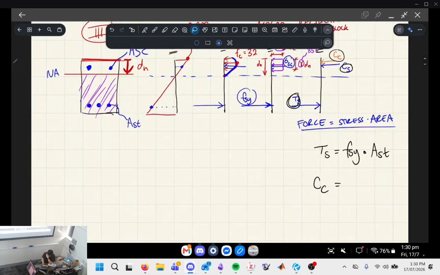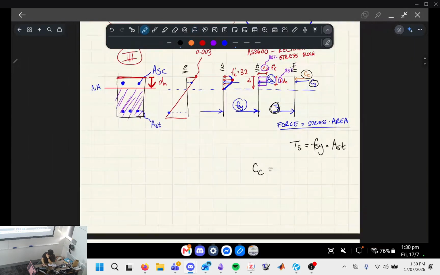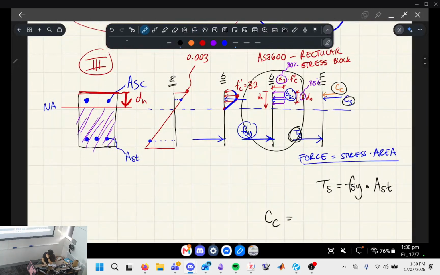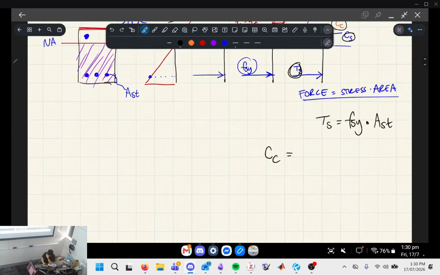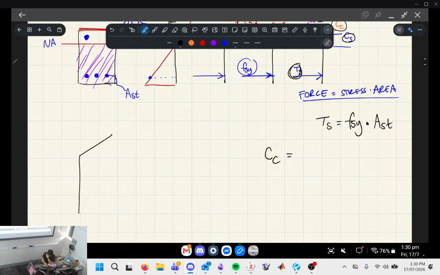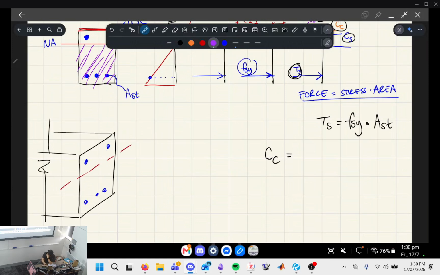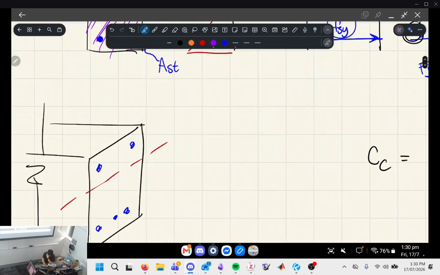So the compressive concrete block, right? In reality, I'm going to draw this stress distribution from a perspective view. This might trip you out if you haven't seen it before. So this is your beam, and I've just cut a cross section of it. And your neutral axis might be like here. The concrete compressive block that we're looking for looks like this.